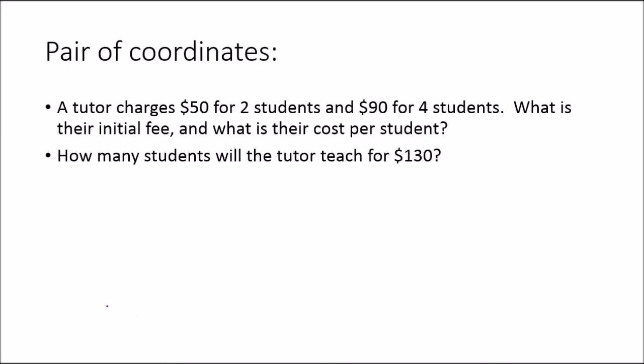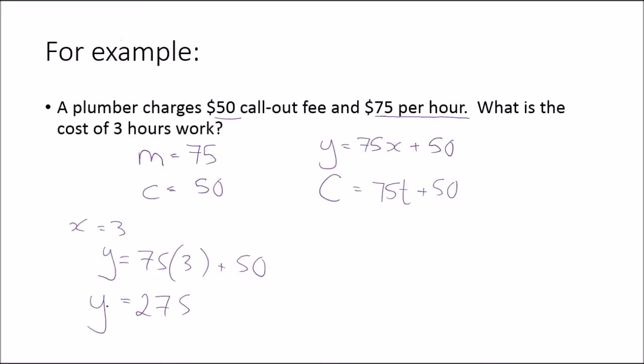Now, sometimes you're given a pair of coordinates, so there's a number of ways you can think about the way these questions differ from each other. For one, when you get a question like the previous one, you're really only given two numbers. So you're given the $50 call-out fee and the $75 per hour.